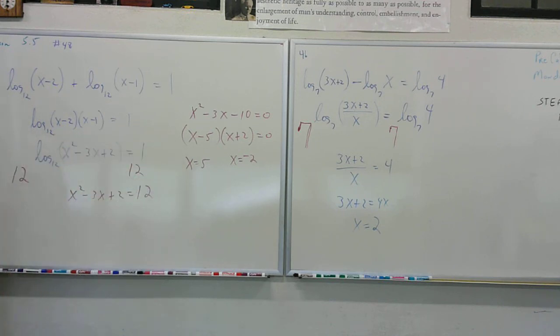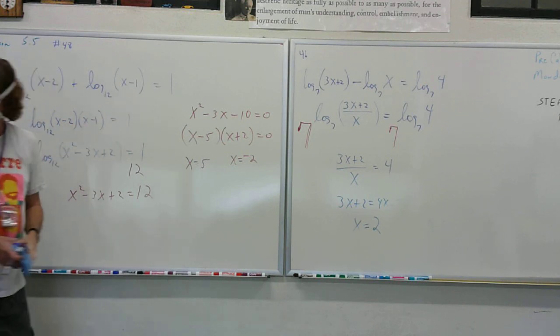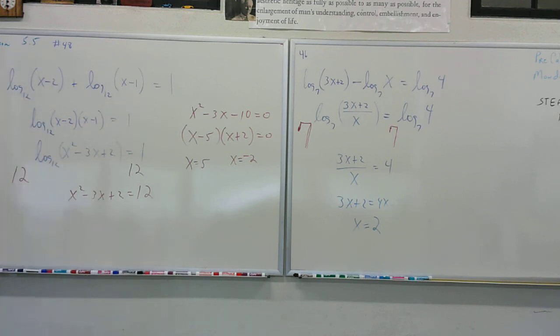All right? Now, put 5 in there. Works. Put negative 2 in there. It's not going to work because you're going to have log of a negative. What number? Oh, you mean where you have to test them?